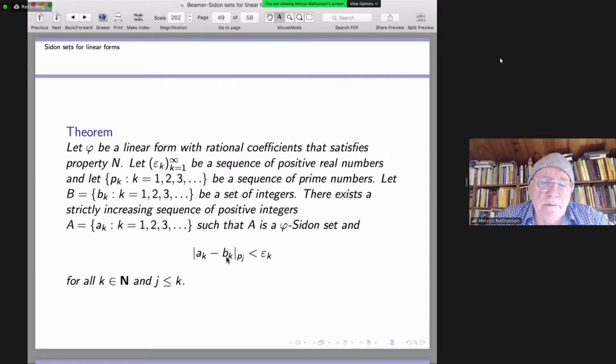And AK is p-adically close to BK for all the primes PJ with J up to K. So of course AK is p-adically close to BK for a large set of primes, and as K gets bigger, AK is p-adically close to BK for a larger and larger finite set of primes.